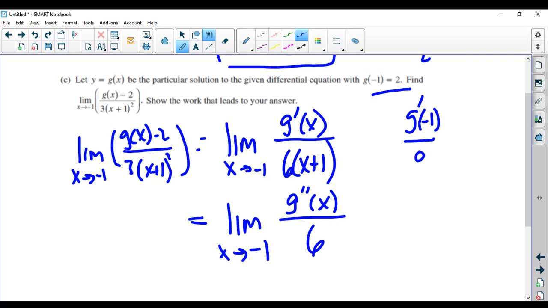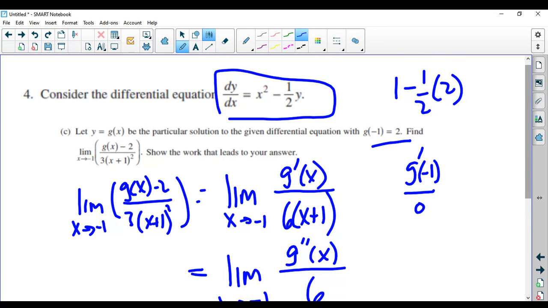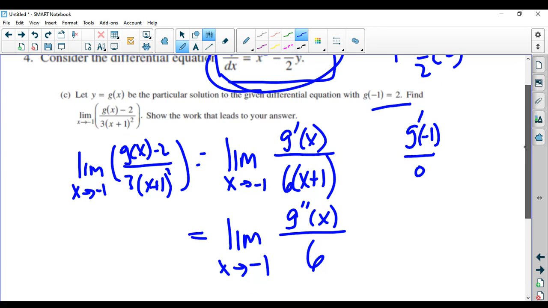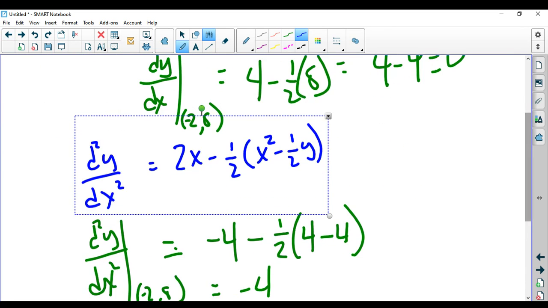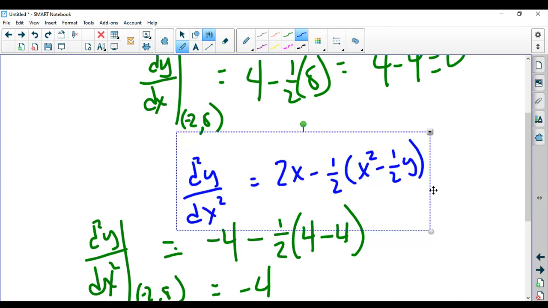So now we're going to be able to come up with a conclusion to this limit, no doubt about it. All we need to do is figure out what g double prime of at -1 is, but here we go. We need the second derivative. We already calculated that from the first problem, actually right here.